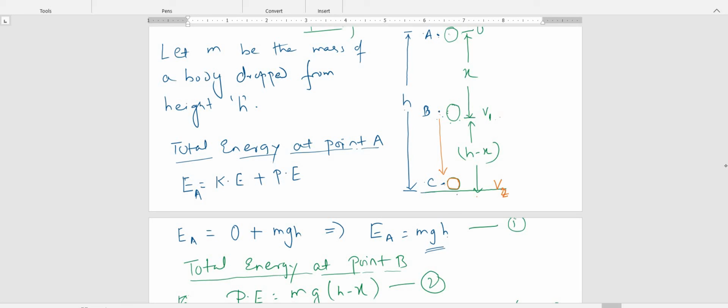For the journey from A to B, initial velocity is u, which is equal to 0. Final velocity is v1. From B to C, this final velocity v1 becomes the initial velocity, and final velocity is, for example, v2. That is just before hitting the ground.